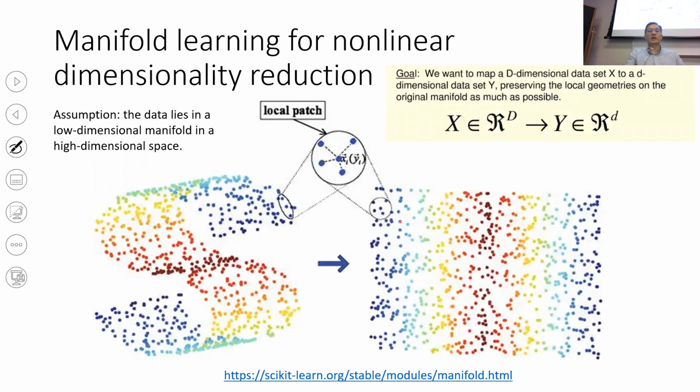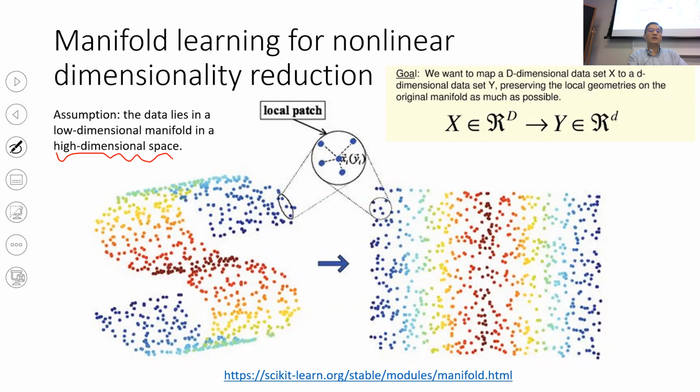So here is what I mean by local Euclidean. On your left, this is a high-dimensional space, in which you have an object with a complex global shape.